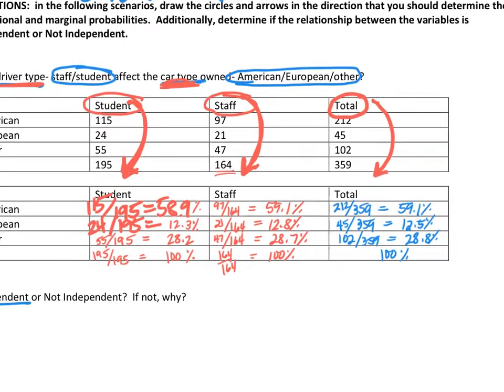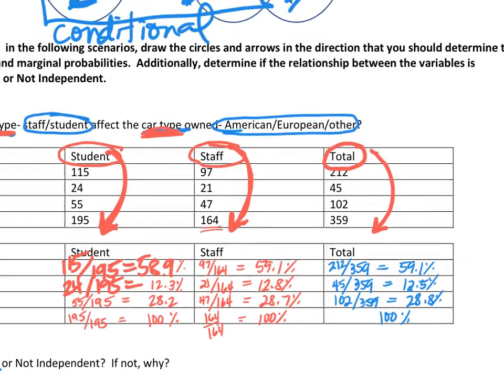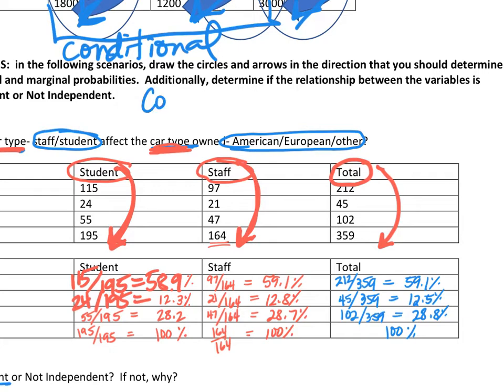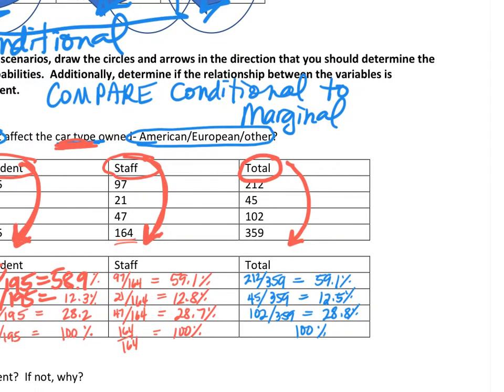So here is the key. I always want you to compare the conditional probabilities to the marginal, and you are looking for the discrepancy.